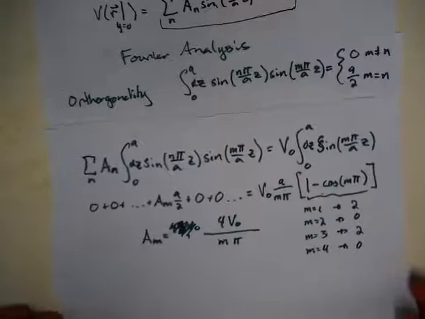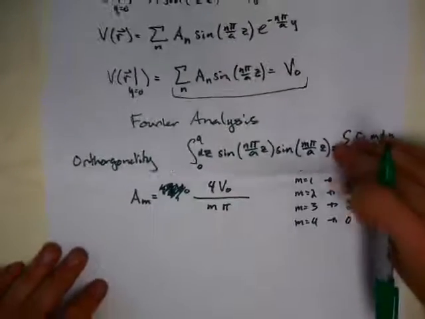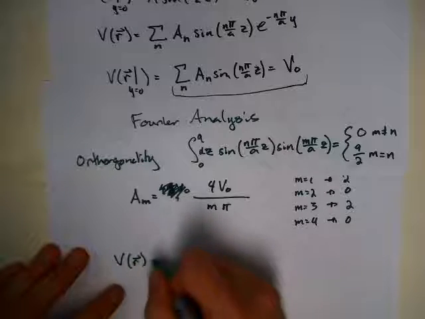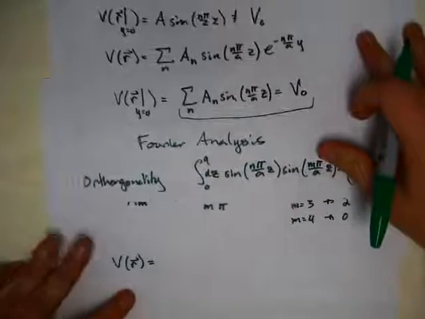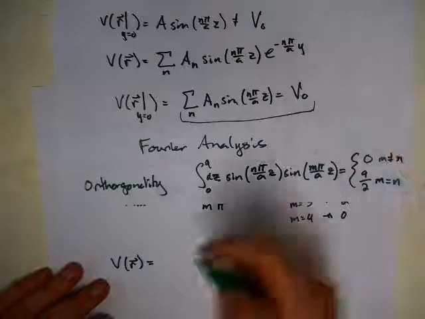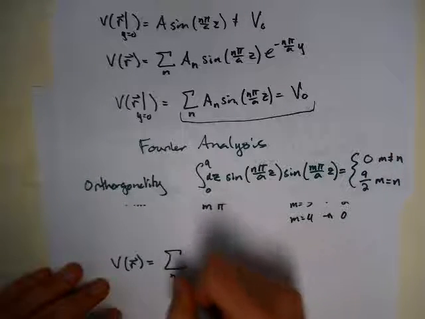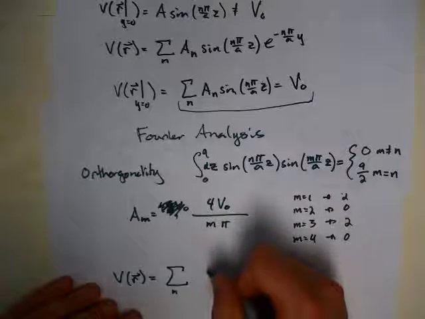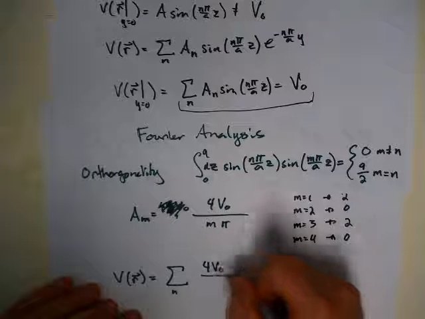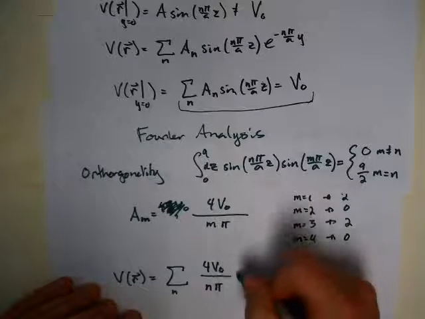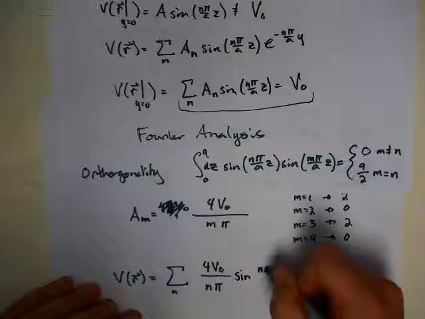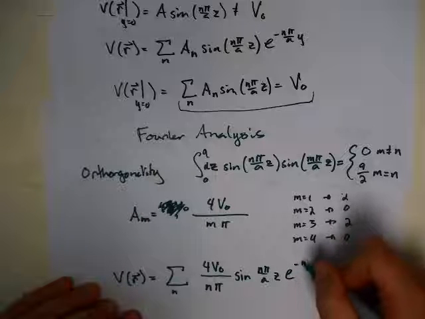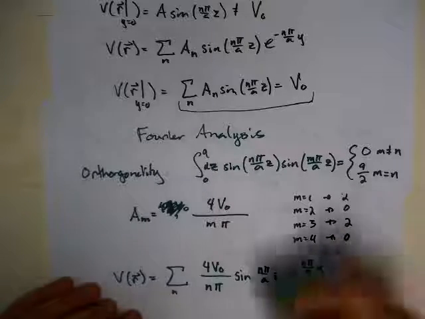So now we can stick that back into our original function, which we have right here, and that is going to give us that V of r is equal to the sum over n, and we now know what these a_n's are, sum over n of 4 V naught over n pi, sine of n pi over a times z, times the exponential of minus n pi over a times y.